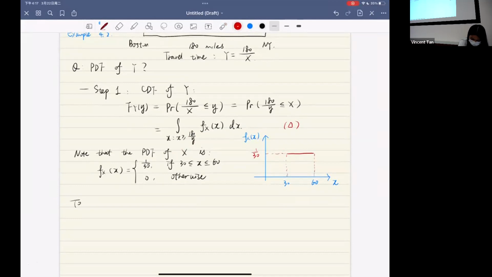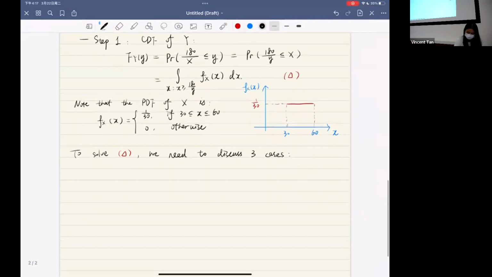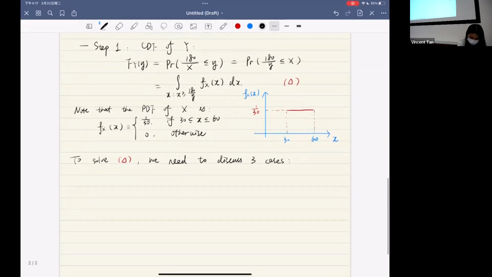We discuss 3 cases of different values of y.